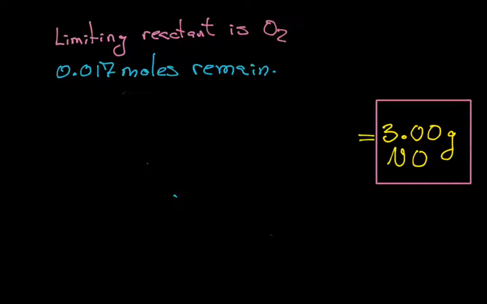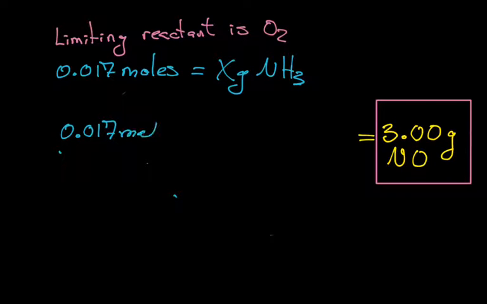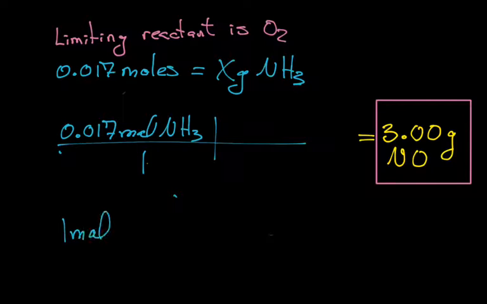So we're going to have, let's just take away the remain, equals X grams NH3. So we'll have 0.017 mole NH3 over 1. We'll use the equality 1 mole NH3 equals the molar mass of NH3, which we solved earlier, which was 17.04 grams.